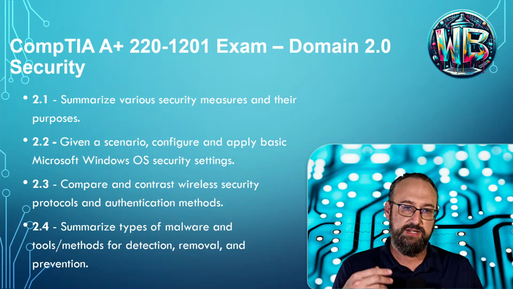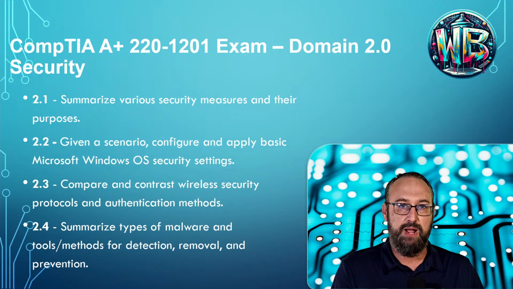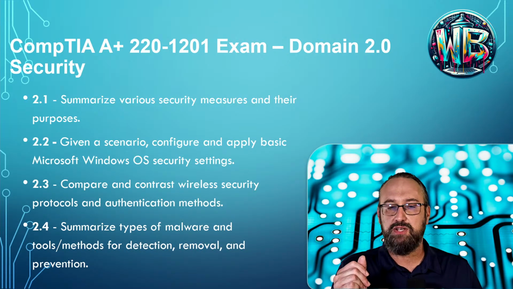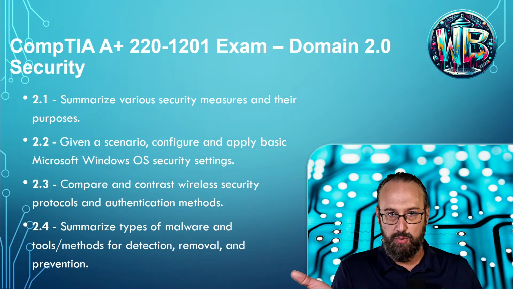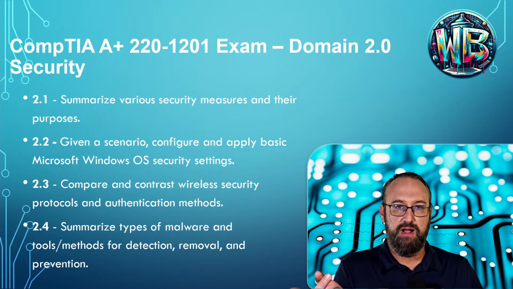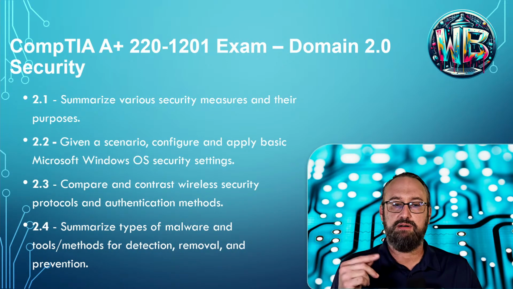What's a fileless malware that doesn't ever write itself to the disk, making it a little bit difficult to find sometimes? Adware as well, and then the tools and methods such as recovery consoles, EDR, the endpoint detection and response, and even extended detection and response, a more advanced version of EDR.